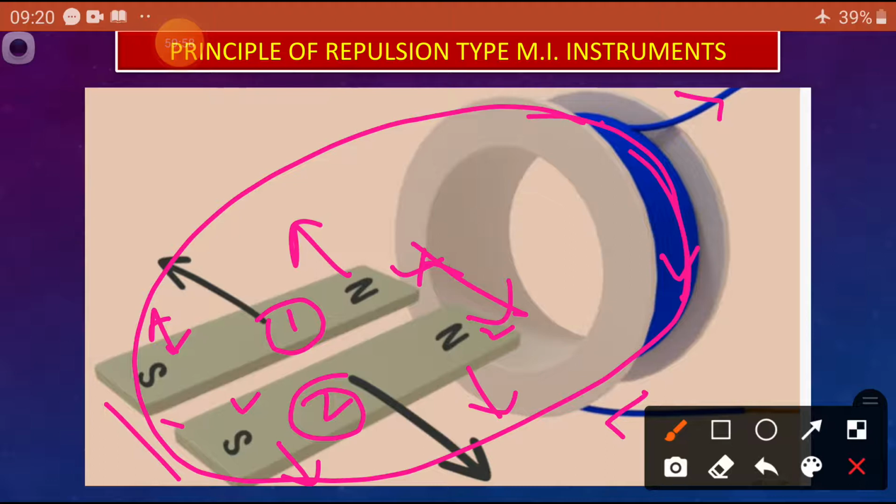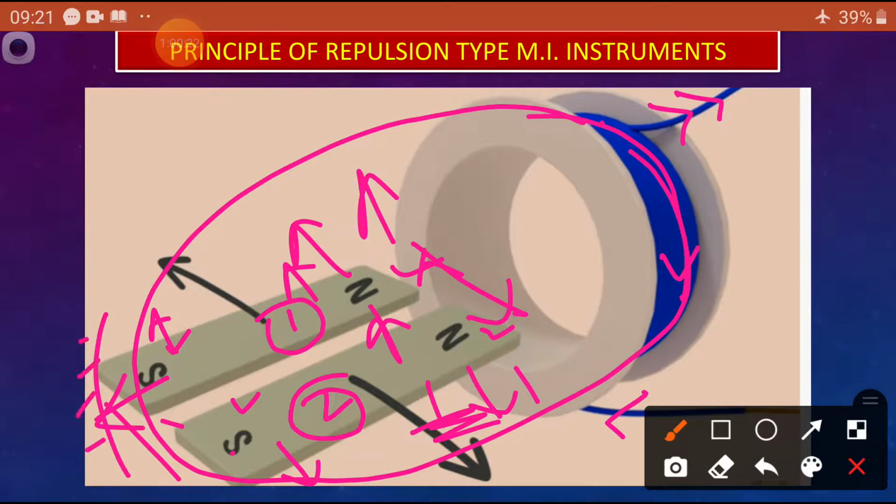When current is increased further, there is more repulsive force and more movement. For example, if I connect this to the fixed one, then it will automatically move in one direction. If it is connected to the spindle with a pointer, the pointer will move.